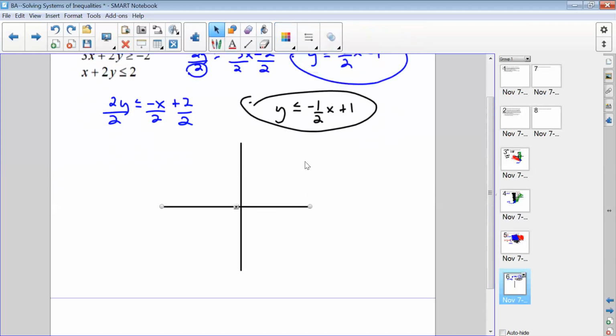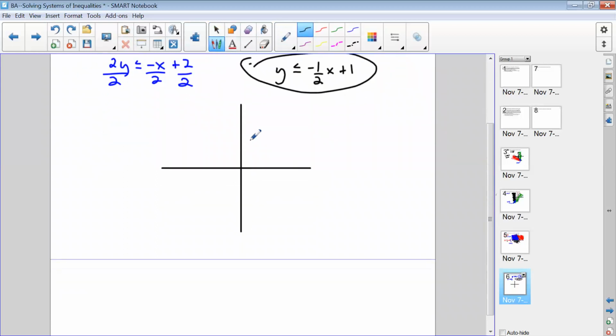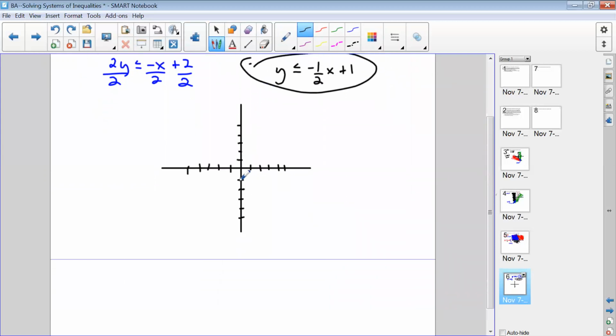All right, so the top equation, we're going to go to negative 1 and apply a negative 3/2 slope.